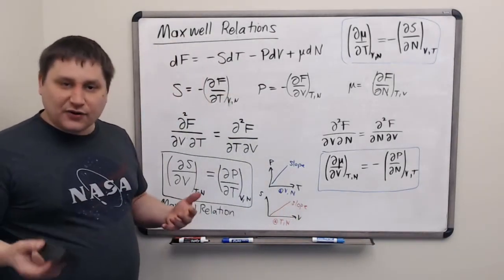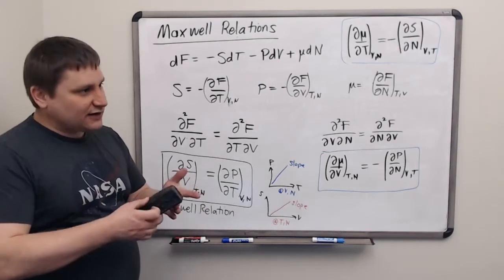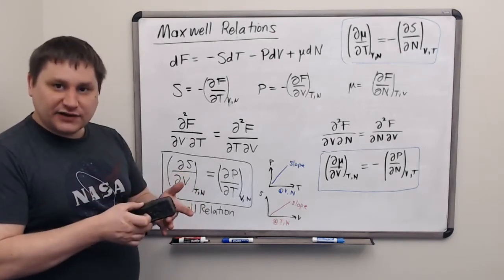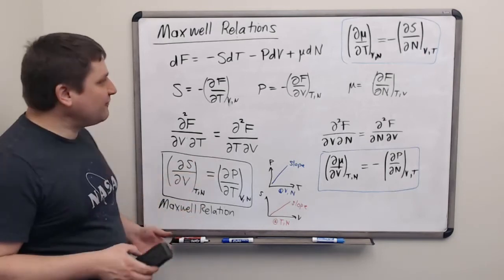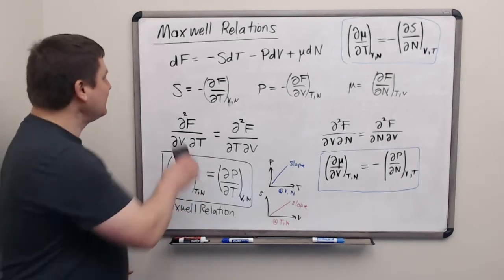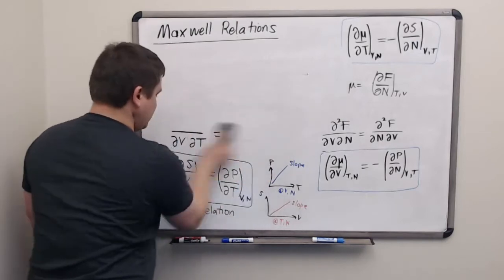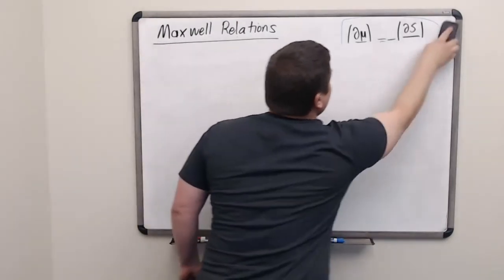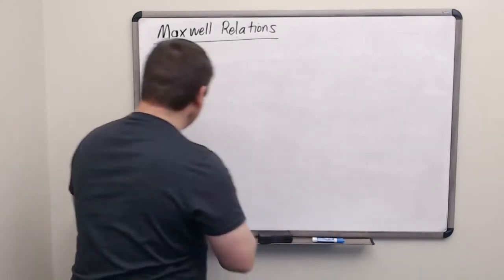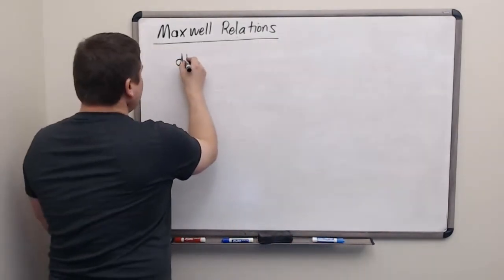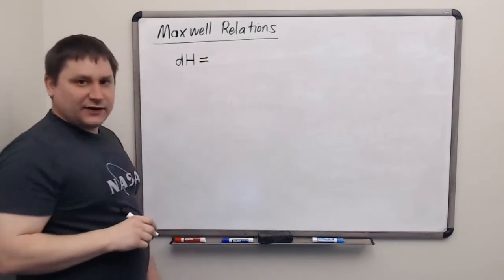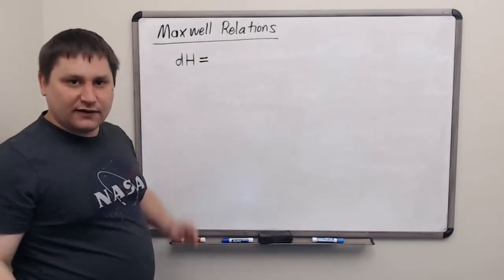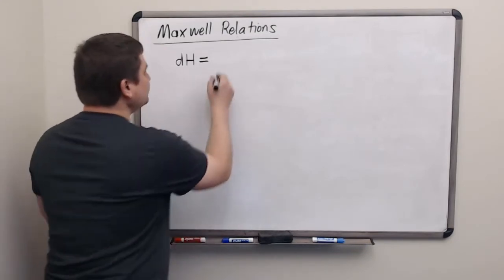For every other thermodynamic potential, internal energy, enthalpy, Gibbs free energy, there exists another set of Maxwell relationships. Let's see if we can practice figuring out what the Maxwell relations are that are derived from the enthalpy.